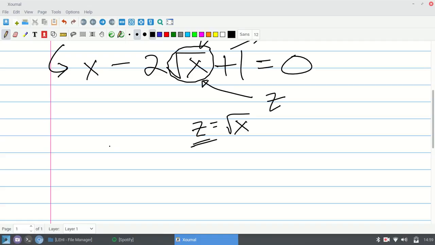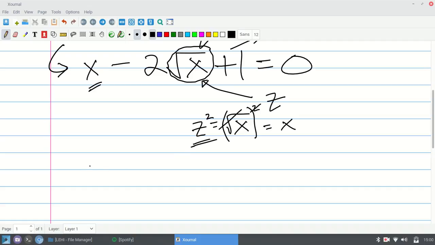So let's do this. If I replace root x by z, then I have to replace x too. How do I replace x? Well, if z equals the square root of x, I can square both sides, and the square and the square root cancel each other, so I just get x is equal to z squared.